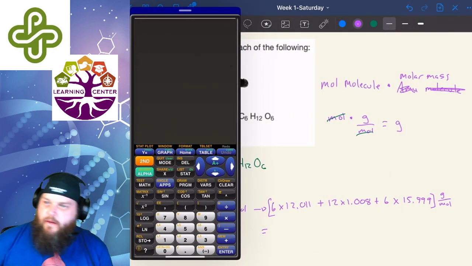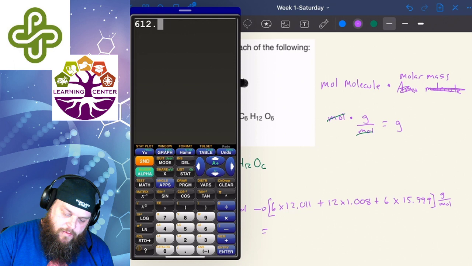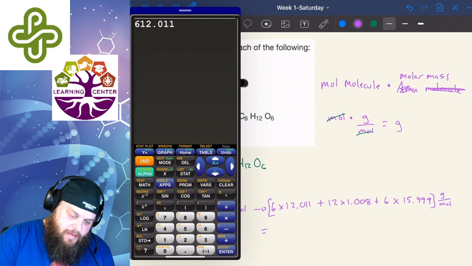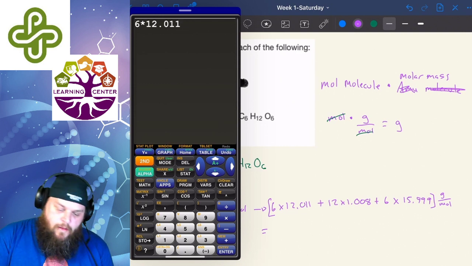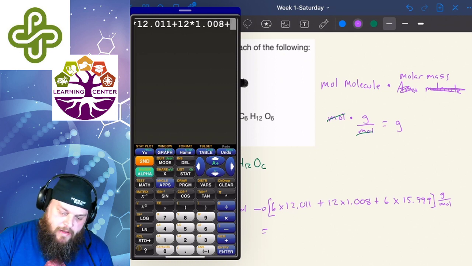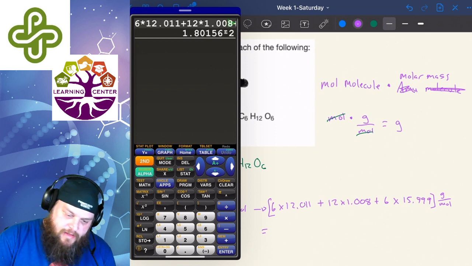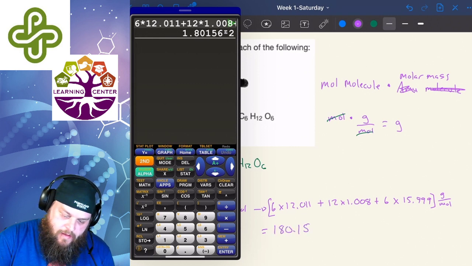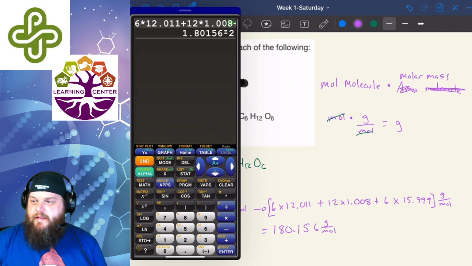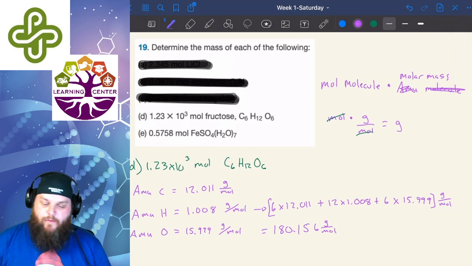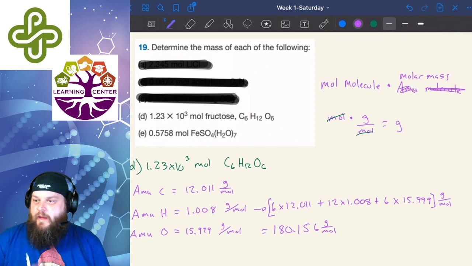I'm going to clear my calculator: 6 times 12.011, plus 12 times 1.008, plus 6 times 15.999. And we'll say that's 180.156 grams per mole. So that's our molecular mass. That's how many grams per mole we're going to have. If we weighed out 180.156 grams of this substance, we would have pretty close to exactly 1 mole of it.